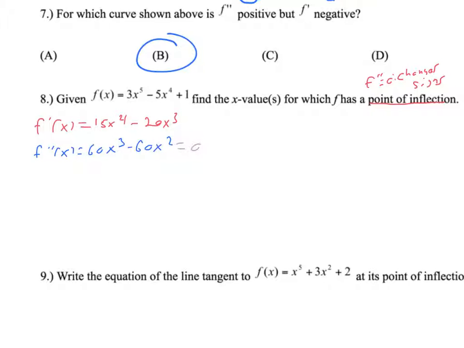When is this going to equal 0? Well, if we factor out a 60x squared, we'll be left with x minus 1, and that is going to equal 0. So the second derivative is going to equal 0 when x is 0 and when x is 1.